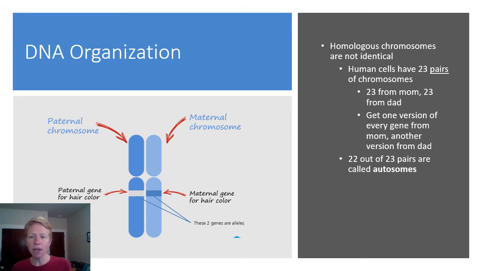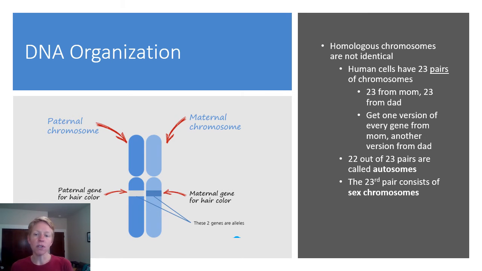Now, 22 out of the 23 pairs of chromosomes we just call autosomes. They are coding for stuff that everybody has. The 23rd pair, and you learned this way early on in the year, consists of the sex chromosomes. So they do code for some things that everybody needs, like how to make hemoglobin in your red blood cells, or how to make the cells that register color on the back of your eyes.